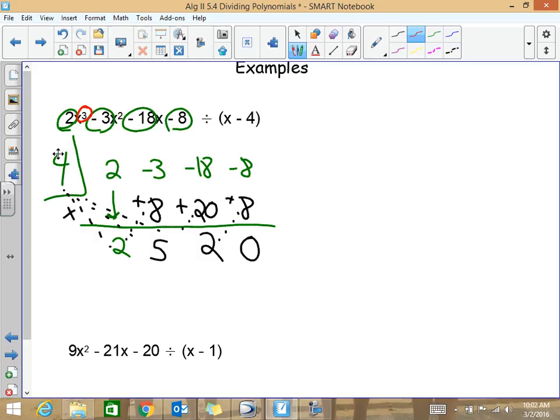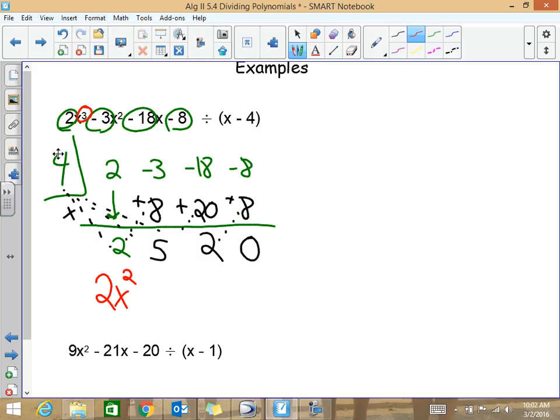So what is 1 degree less than 3? 2. So this 2 right here represents the coefficient that goes with x squared. If we had started with an x to the 7th, let's say, then this would have been 2x to the 6th. It's always 1 less.